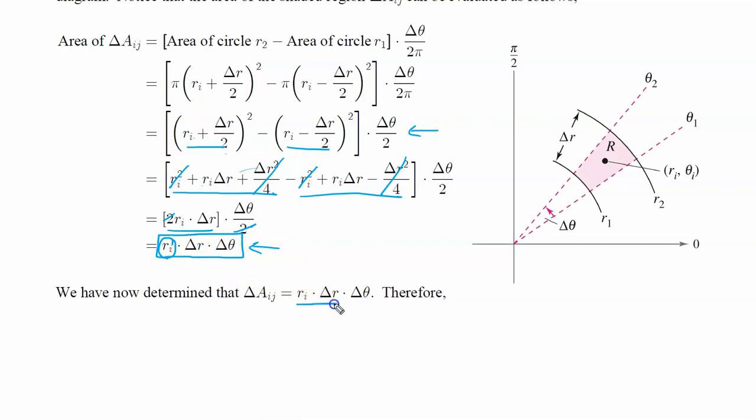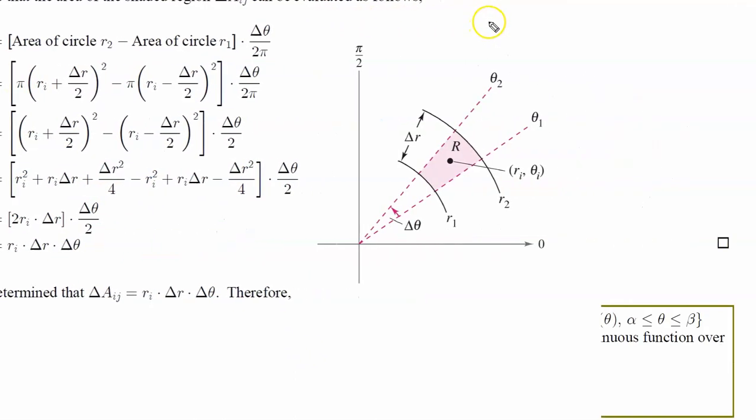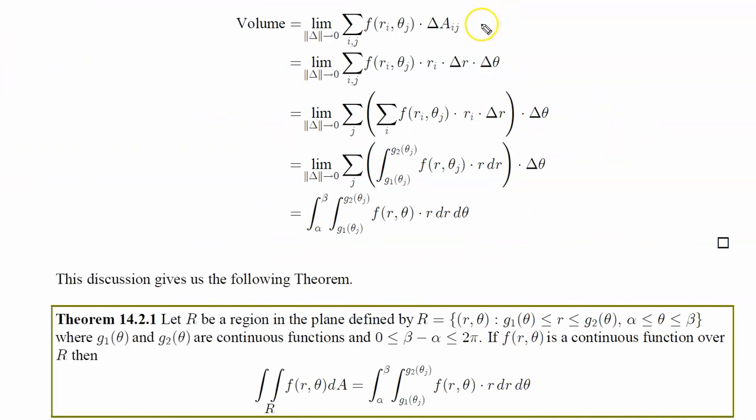So now in our summation that we had previously, this is what we put in place of the delta A sub ij. And let's see what we get then. Now right here we have our volume form that we had seen previously. Right here's our delta A sub ij.